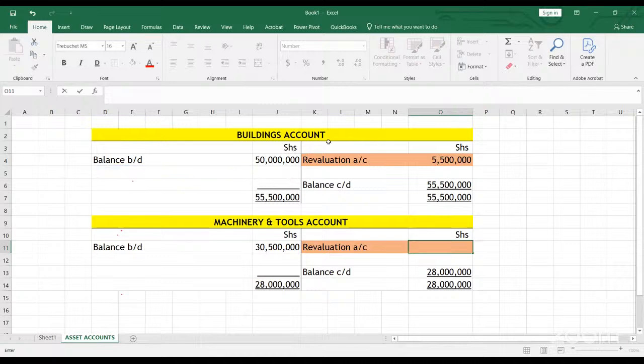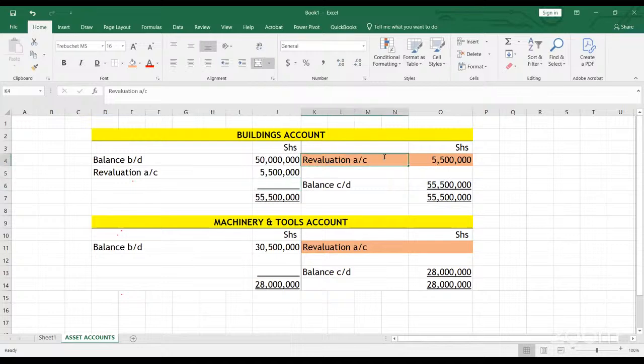Look at the buildings account. The revaluation, the balancing figure should be on the debit, please, because it's a gain. We increase the value of the asset. Remove that.